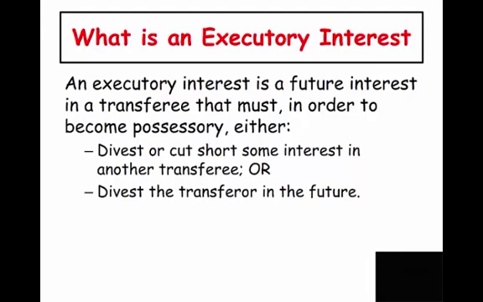What that simply means is that an executory interest cuts short the preceding interest, regardless of whether the preceding interest is held by the original grantor or the grantor has transferred the interest to somebody else but created an executory interest that could short circuit that transfer.